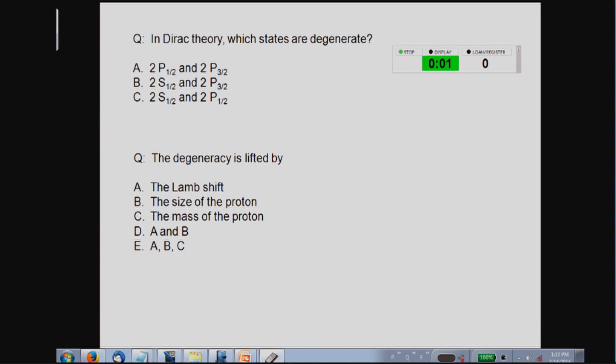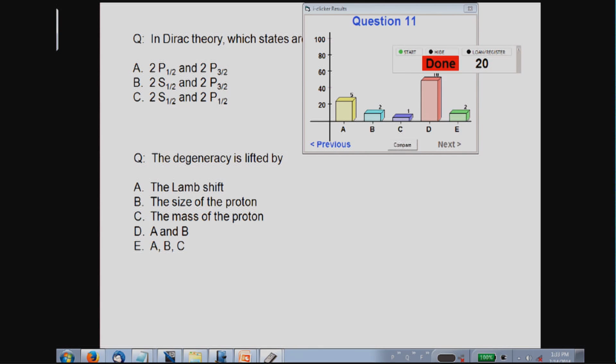Okay, the next question is, what effects now lift the degeneracy between the 2S1/2 and the 2P1/2 term? Okay, we have three candidates.